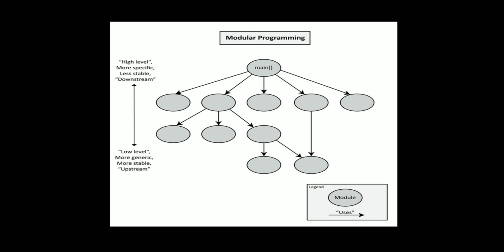First step, the main function is divided into 5 modules. Then the second module is divided into 3 modules. Again, the third of those is divided into a first and second module. This is the systematic way of dividing our whole program into separate modules.